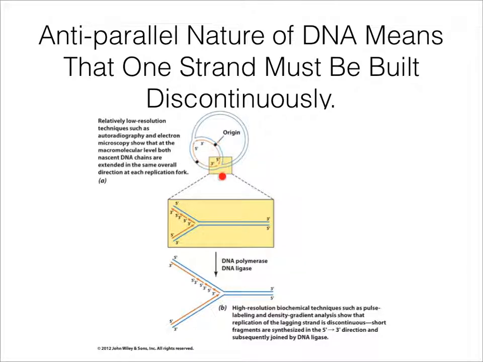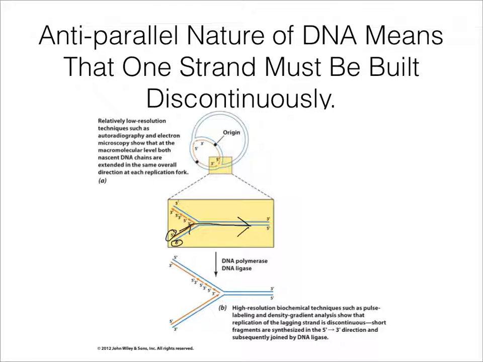If we take this replication fork and magnify it, you'll see that we need DNA synthesis to proceed like that. We can only build DNA 5' to 3'. Here you see is a 3', and so anti-parallel, the opposite strand that we're building should be a 5', and we can build in this 5' to 3' direction, no problem.